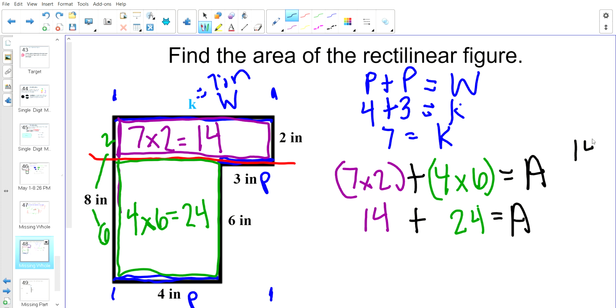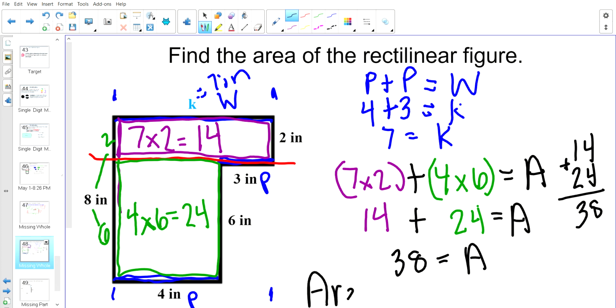I'm going to add 14 plus 24 vertically, so that I make sure I'm doing my best adding. I can see that 14 plus 24 equals 38. So the total area of the entire rectilinear figure is 38 square inches.